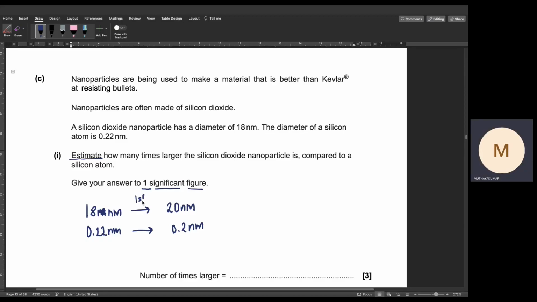So we're rounding to 1 SF, one significant figure. And now we can carry out this calculation because we're just estimating, so we can use our approximate numbers. 20 divided by 0.2, which gives us 100. So this is approximately 100 times larger.